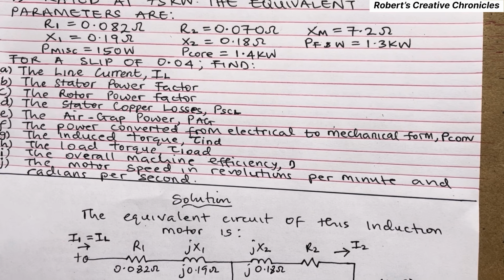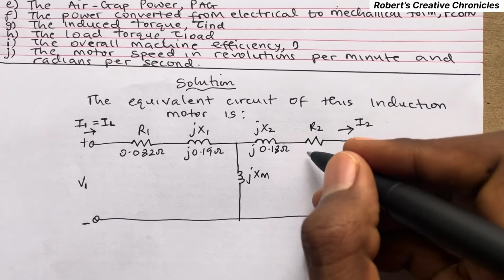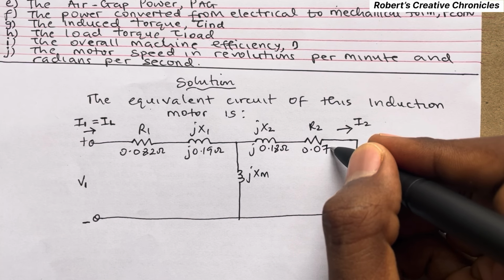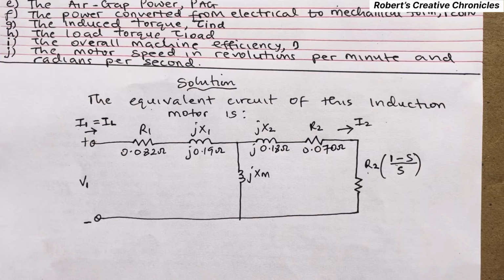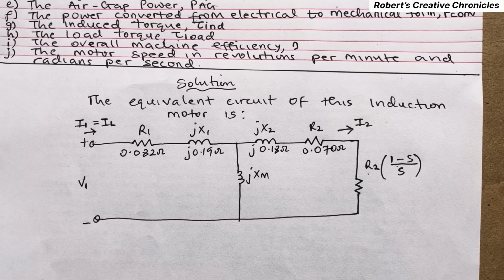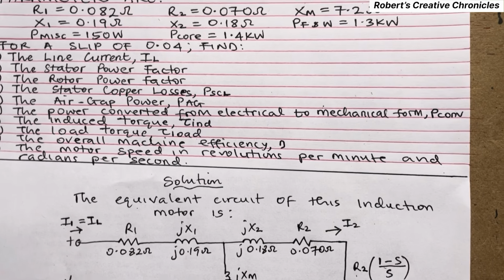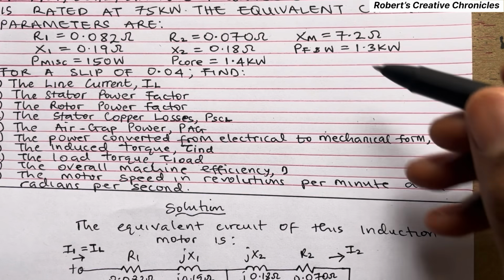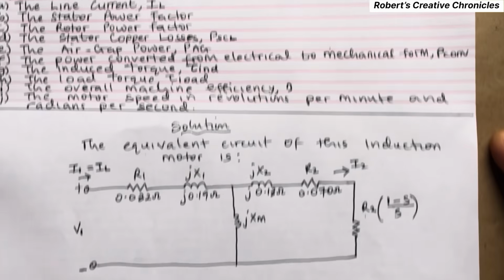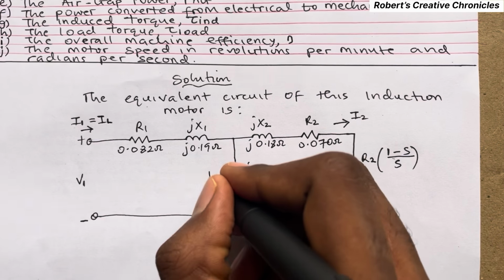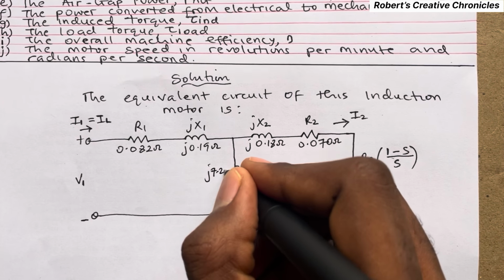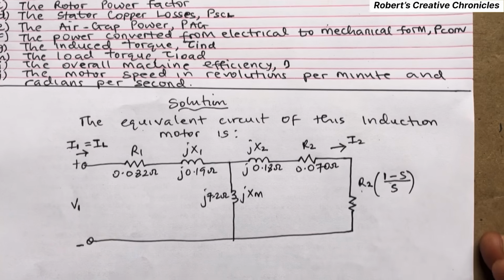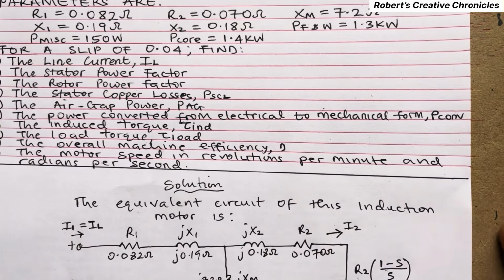R2 is 0.07. XM is 7.2. Then here our slip is 0.04.